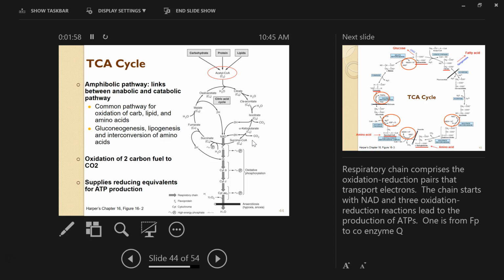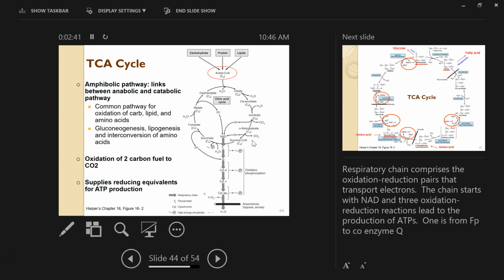So again, acetyl-CoA is a key molecule that connects the three macronutrient oxidations to the TCA cycle. Once acetyl-CoA is generated from oxidation of glucose, fatty acids, and amino acids, it can enter the TCA cycle in the mitochondria for complete oxidation. The TCA cycle is composed of a number of reactions, right?